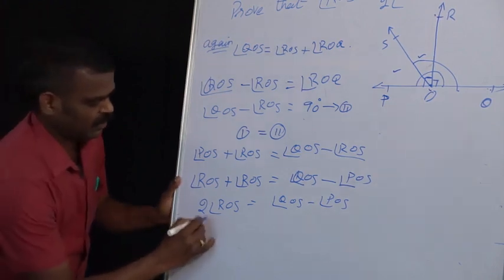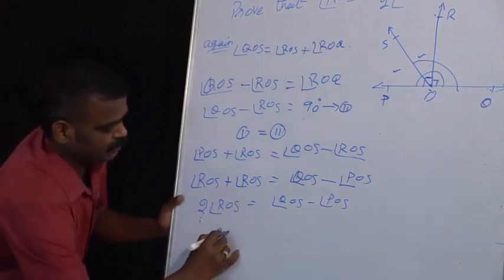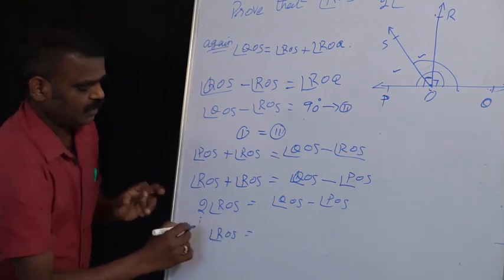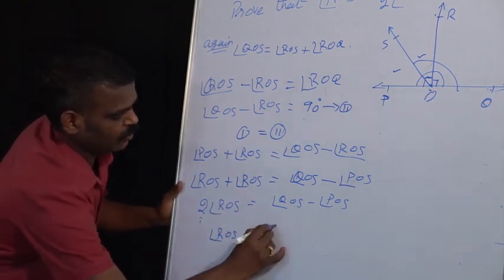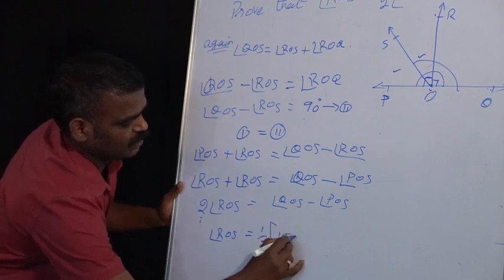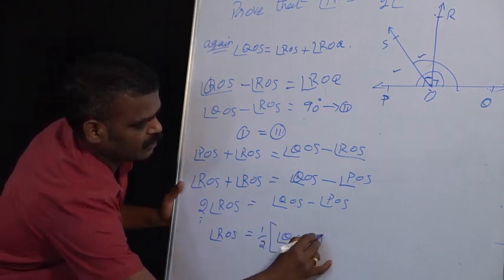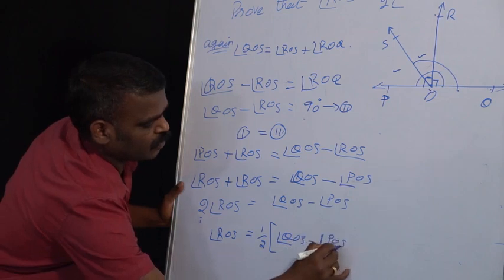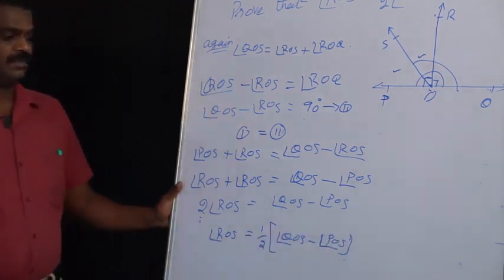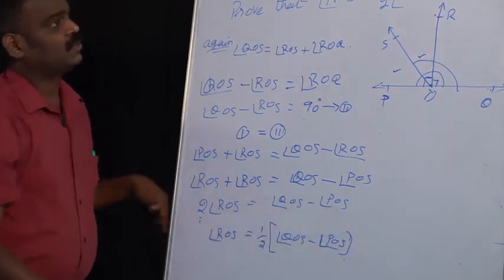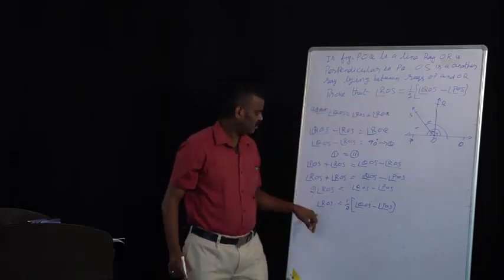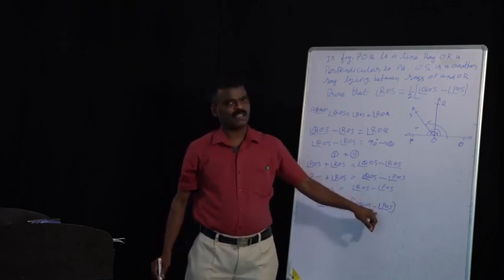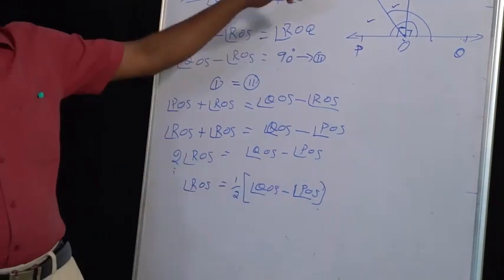So you take it to the other side, it will be inverse, that is 1 by 2 of angle QOS minus angle POS. So ROS equals 1 by 2 of QOS minus POS. So you have done the answer. Okay, copy down all of you.